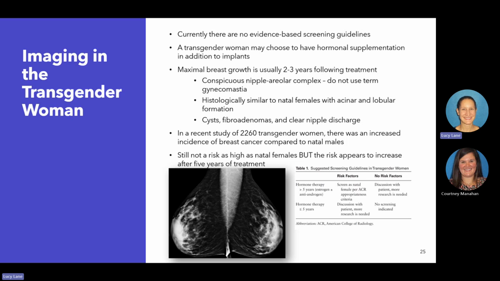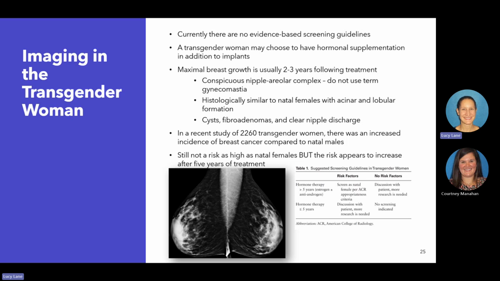So, the suggested screening guideline in transgender women is if you are on hormone therapy for greater than 5 years, and you have risk factors. Risk factors generally are things like BRCA or other genetic factors.